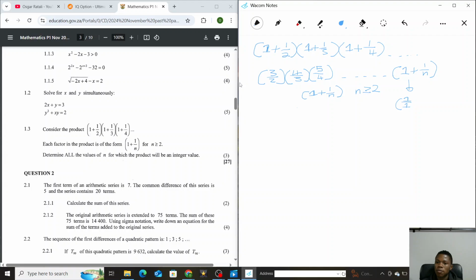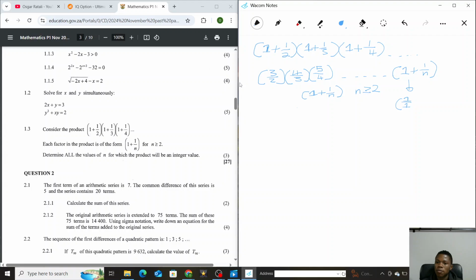Okay, it means I have something like 3 all over 2, and 4 all over 3, and 5 all over 4, and so on until this last number, which is n plus 1 all over n. But if I want the number before the last, I must minus 1 and minus 1. Therefore, I'll have something like n all over n minus 1.